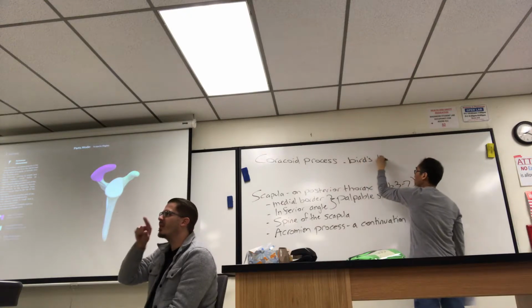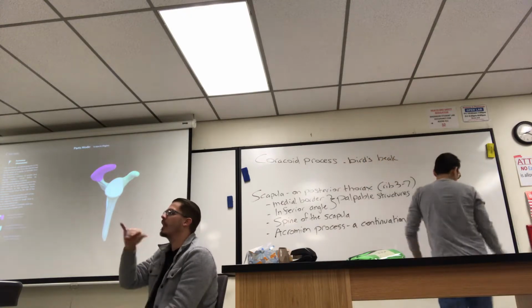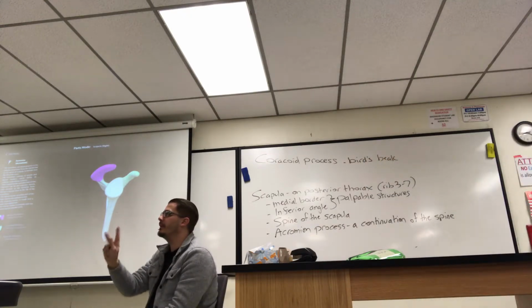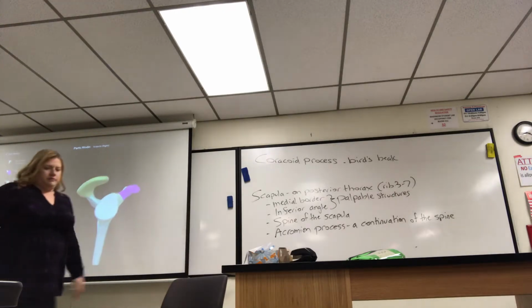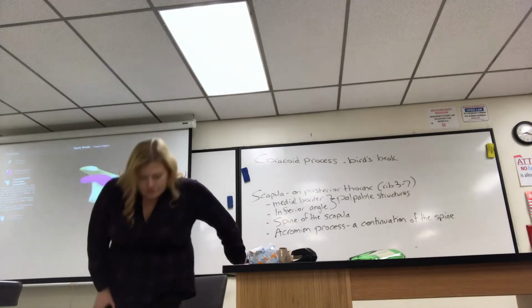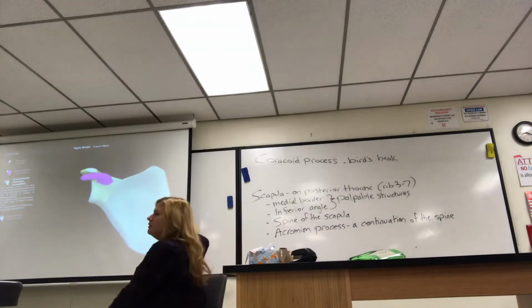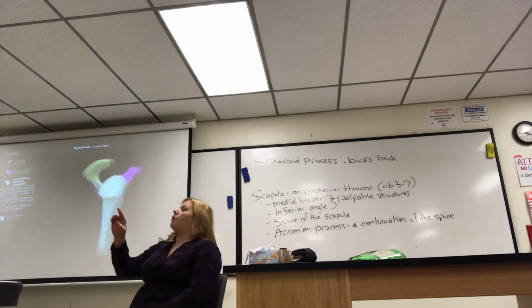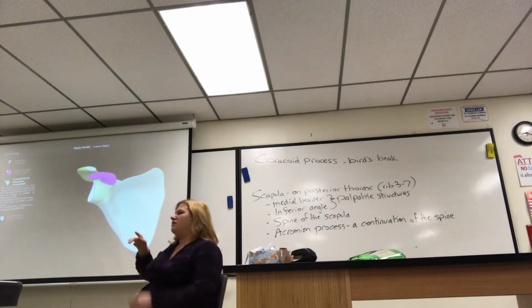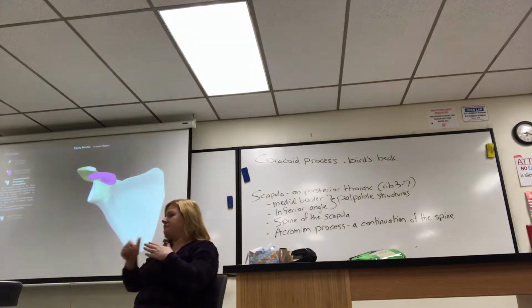That's usually how I describe it. That's highlighted in purple. That's the coracoid. More or less, the coracoid is in front and the acromion's more posterior. But anyways, the coracoid process is an important attachment point for muscles.